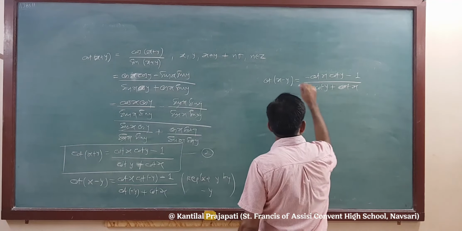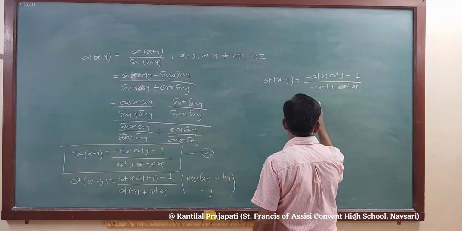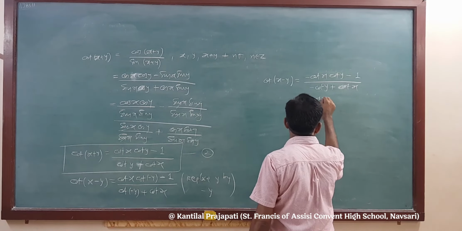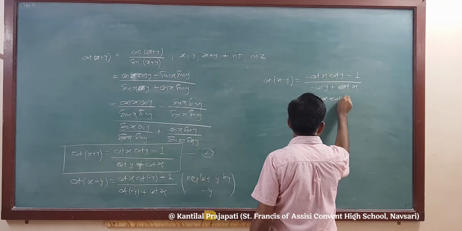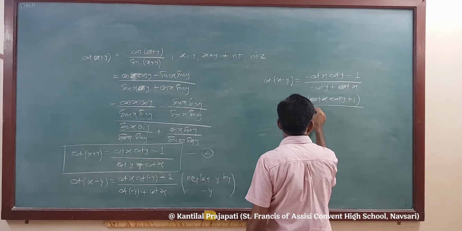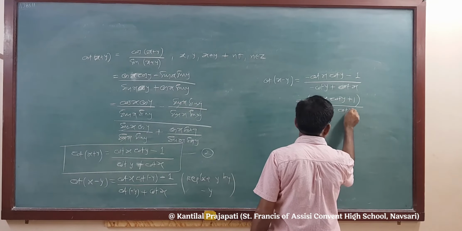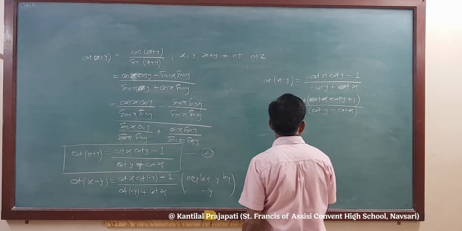Right? We take the minus sign common here. So we get cot x into cot y plus 1 upon, minus sign also common here, we get cot y minus cot x. This minus sign is cancelled.